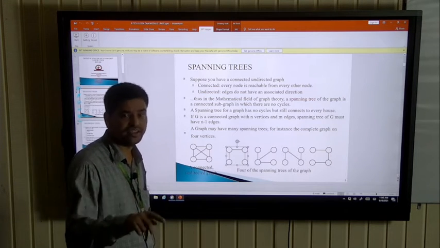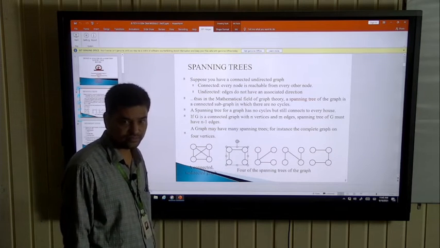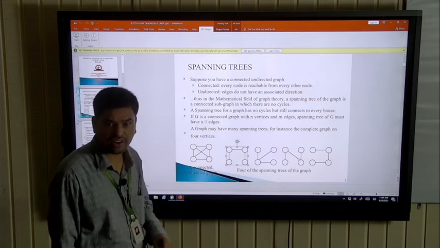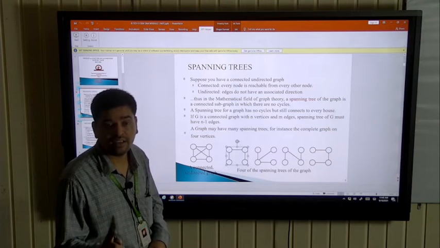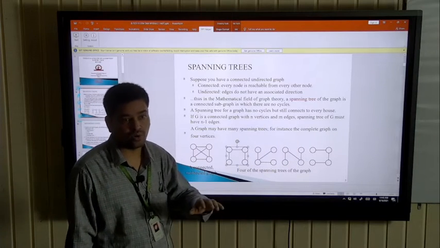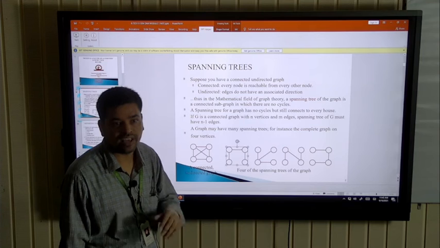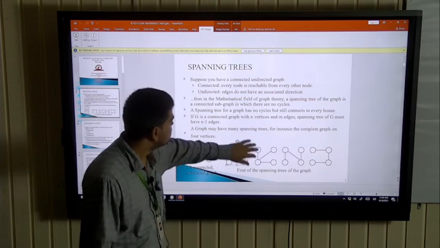So you break these cycles in the graph. Clear? How many edges in a spanning tree? n minus 1. What is n? The number of nodes in the graph. If the number of nodes in a graph is 7, how many edges in a spanning tree? 6. Is it clear?